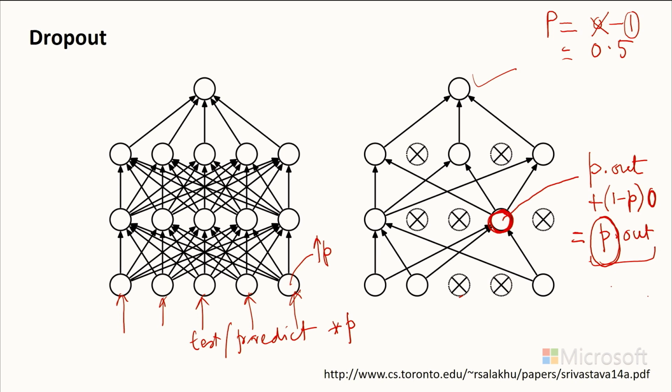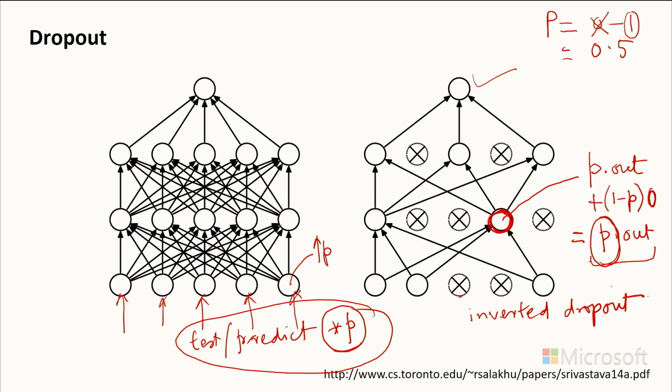So what people popularly do, instead of scaling the output at test time, is something called inverted dropout. What it means is it performs the scaling of the neurons at training time itself, so they are pre-scaled, and at runtime you don't have to do any of this scaling. So it's a neat little trick, a very important one.